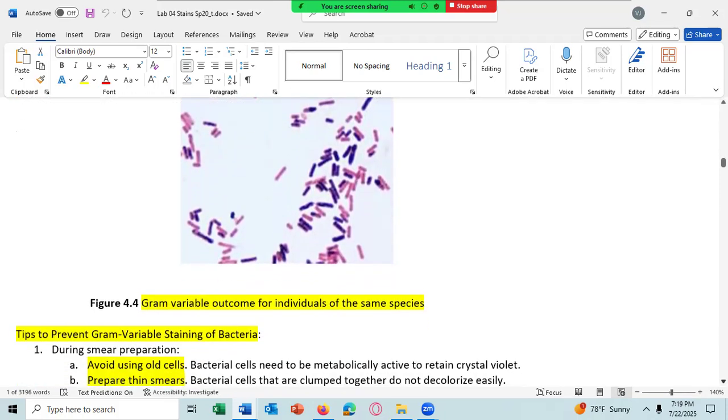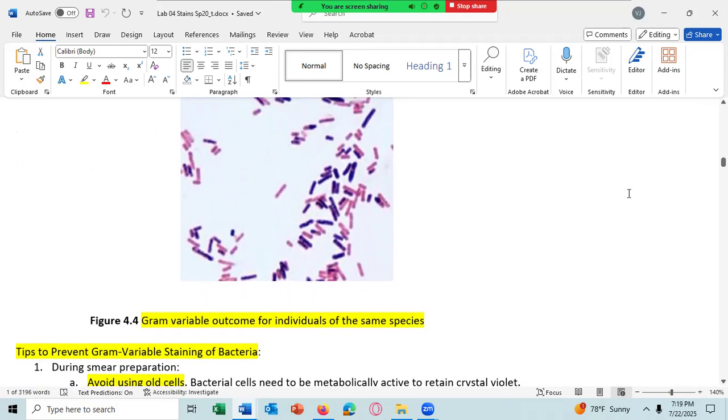There are some cells which are sometimes called gram variable. The Mycobacterium are the main family of bacteria which are called gram variable. They have so much mycolic acid in their cell wall, another molecule found mainly in the Mycobacterium, that it does not allow the gram stain to get in and stain the cells, at least not well.